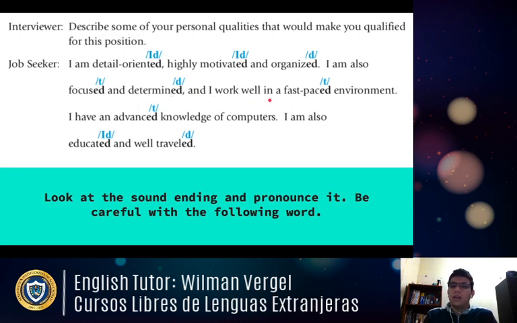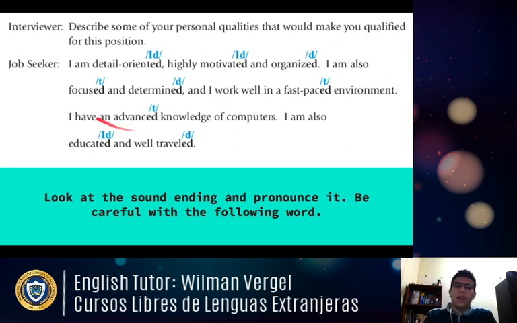And I work well in a fast-paced environment, because in this case the C is pronounced as an S sound. So we say paced environment. I have an advanced knowledge of computers. In this case the C is pronounced as S as well, which is a voiceless consonant sound.